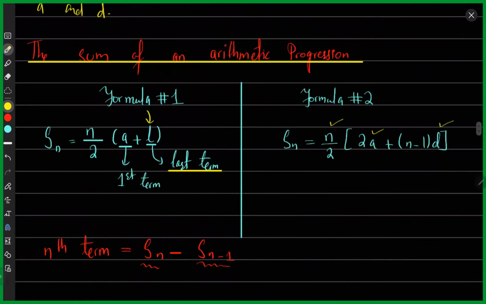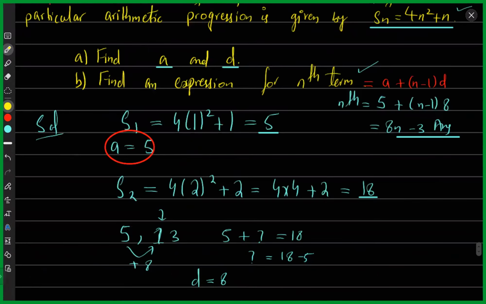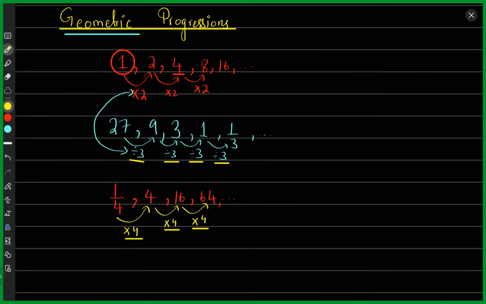Whatever we have discussed so far in these sequences, multiplied by 2, divided by 3, and multiplied by 4 is fixed. This means for geometric progression, it's the other way around. In arithmetic progressions, we used to have a common difference, and here we have a common ratio. We'll talk about that later on.